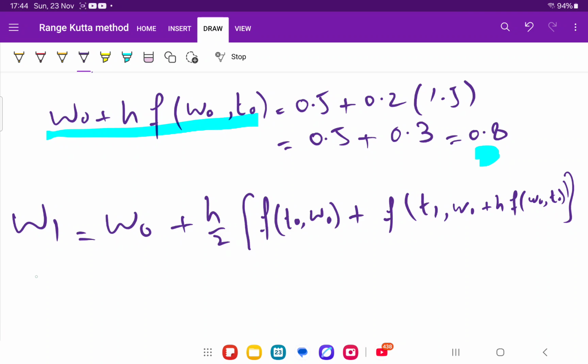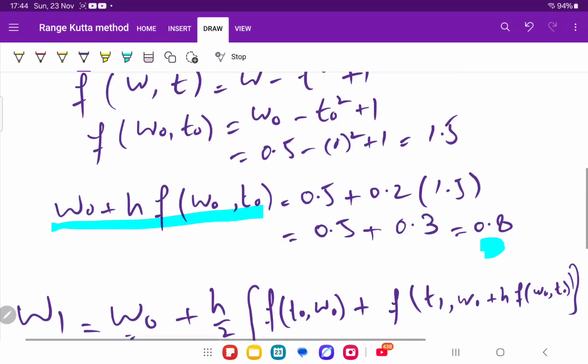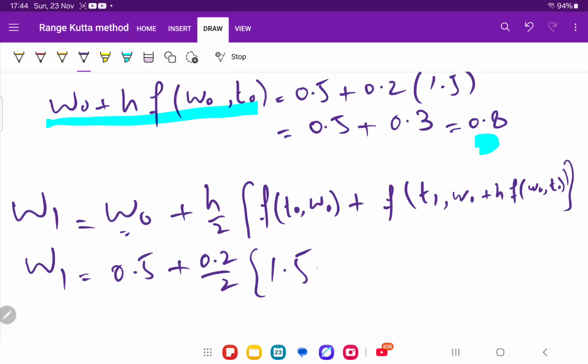And for w1, again, w naught is 0.5, h is 0.2 divided by 2, f of t naught, w naught is already calculated, which is equal to 1.5, and we need f of t1 and the value we have already calculated, which is equal to 0.8.